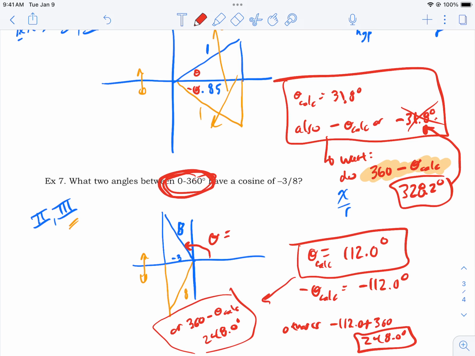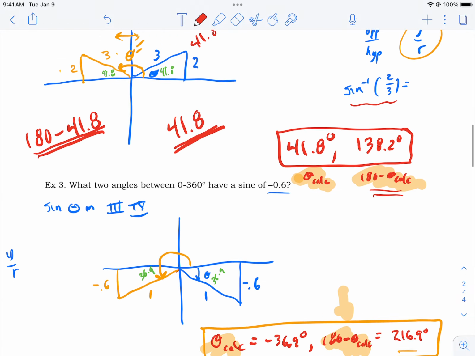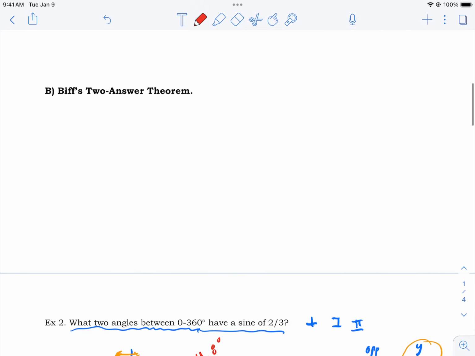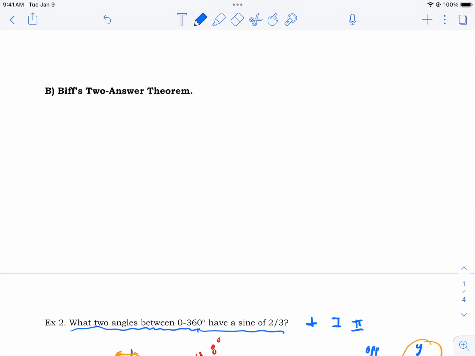Okay, I think it's time we summarize this neatly way back on page 1, where it says Biff's two-answer theorem. Now let's try to state this nicely.